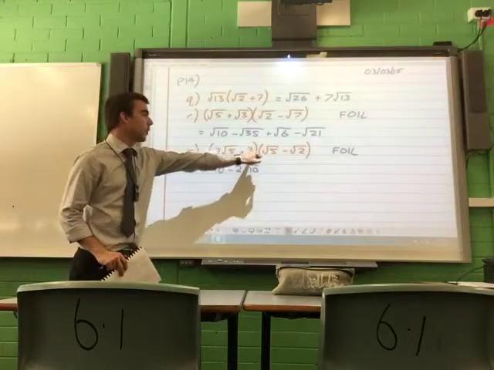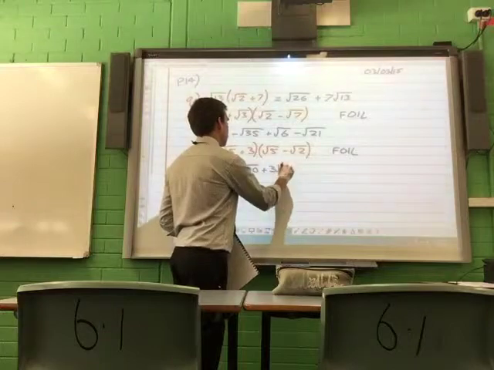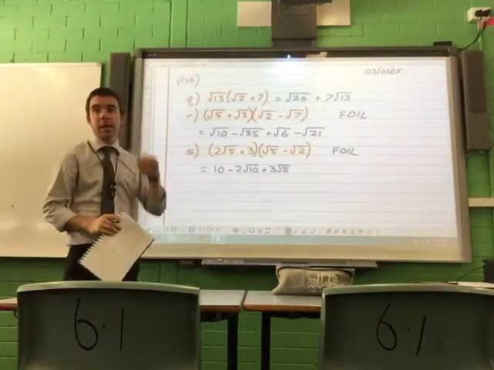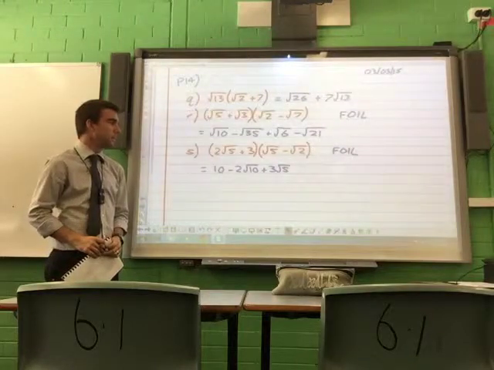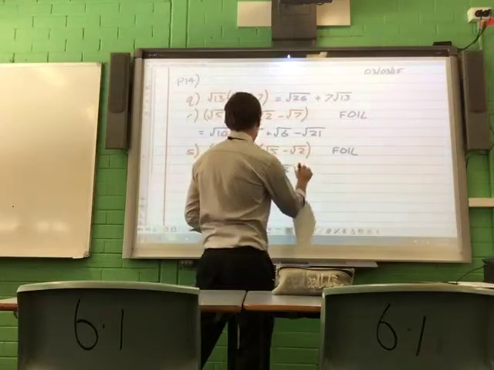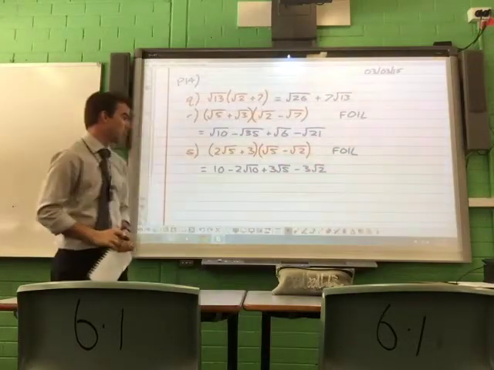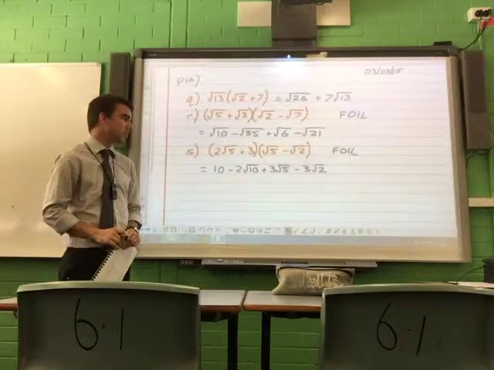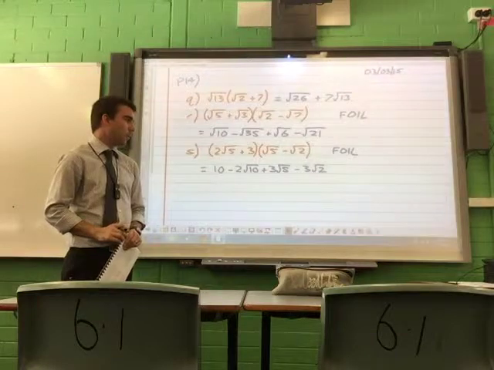Inner, the 3 times root 5, 3 root 5, we don't show that multiplication between numbers out the front and surds. And then last, 3 times root 2, take away 3 root 2. And we cannot simplify that.